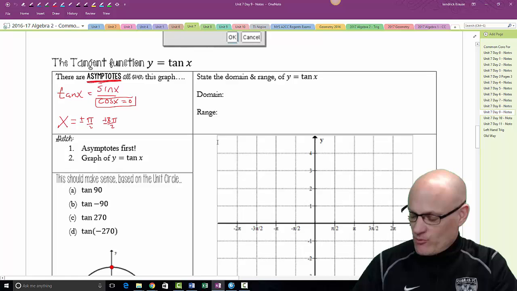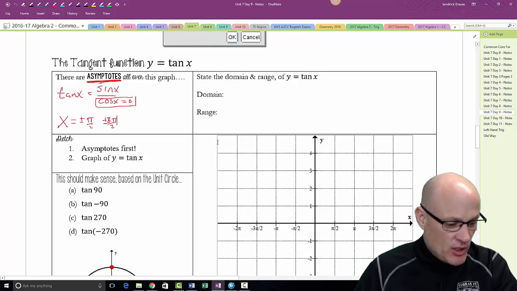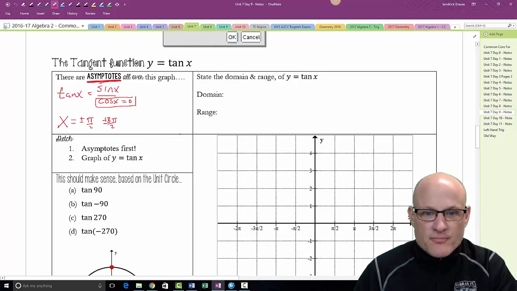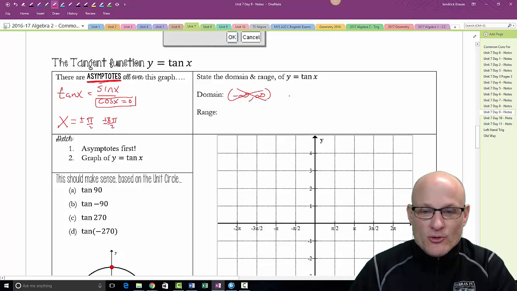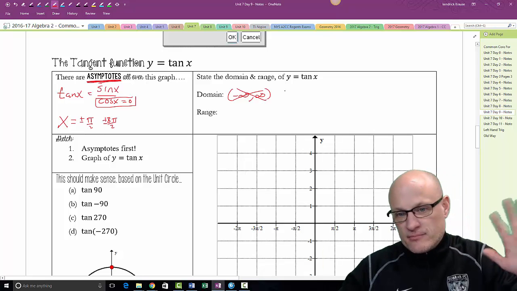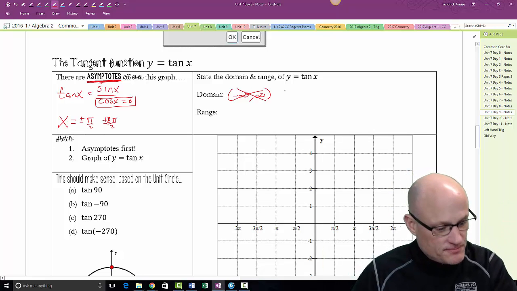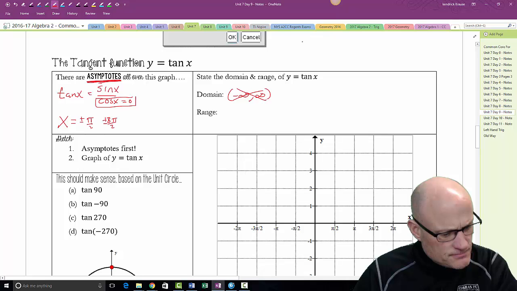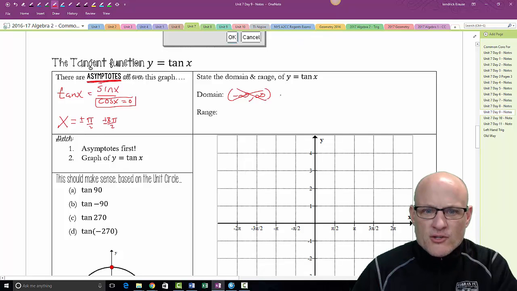So what is the domain? Well, the domain for this one is really from negative infinity to positive infinity. However, we can't include the multiples of pi over 2. So state the domain and range for this. The domain and range, what we're going to really see is from negative pi over 2 to pi over 2.